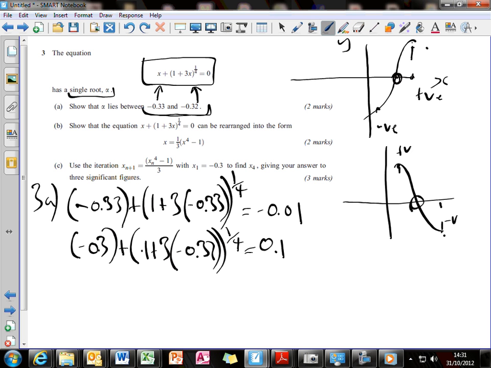So this is negative, this is positive, therefore there's a root. So alpha is greater than minus 0.33 and less than minus 0.32.